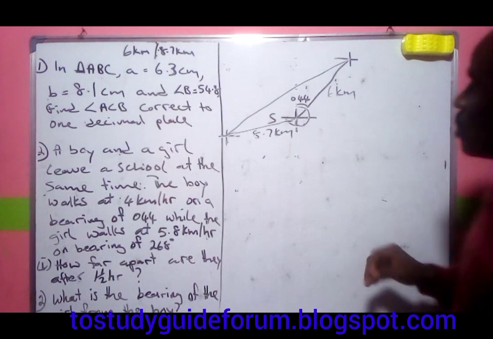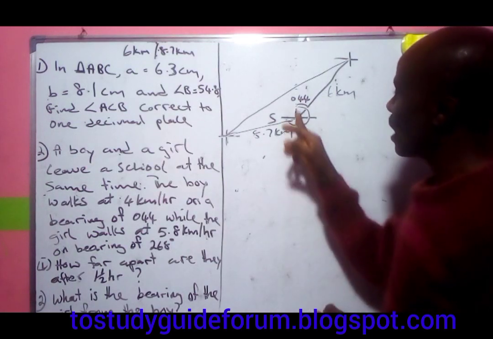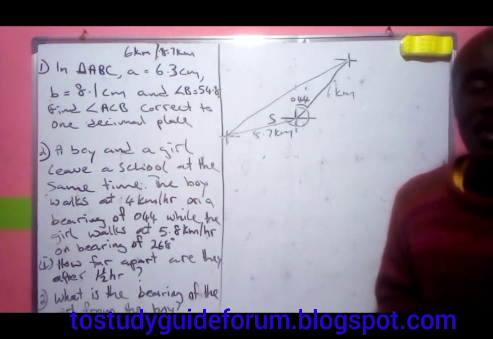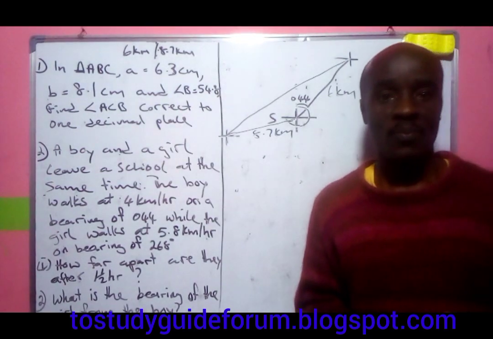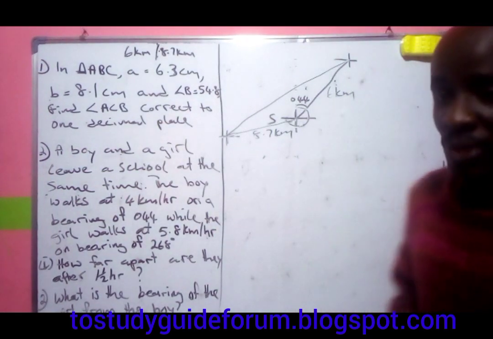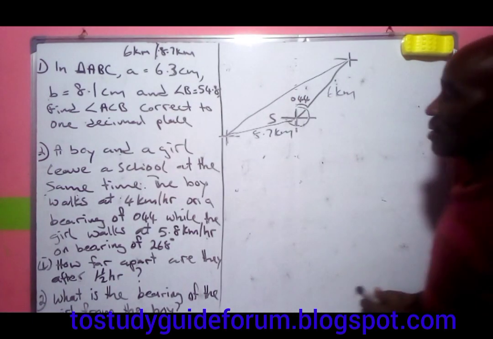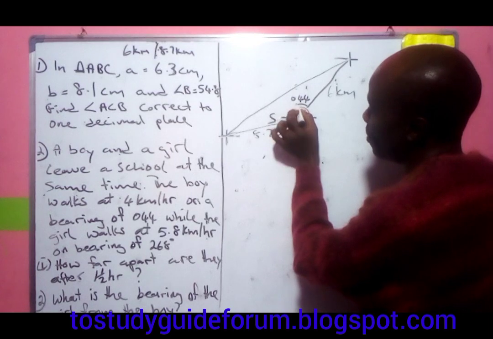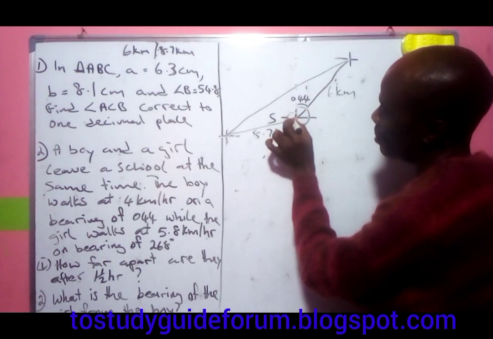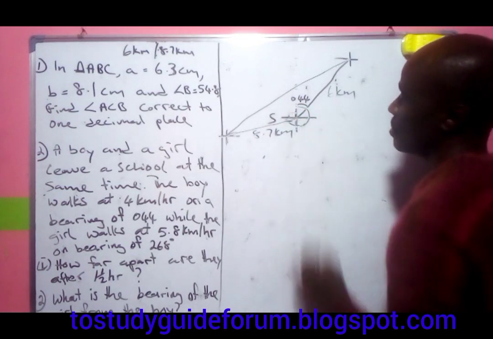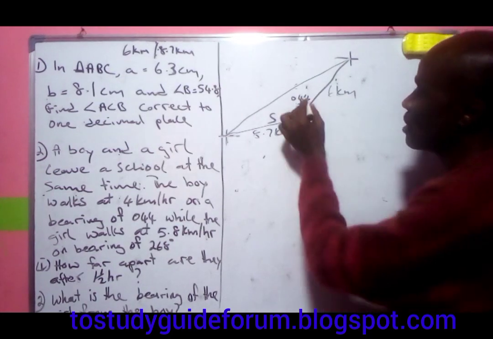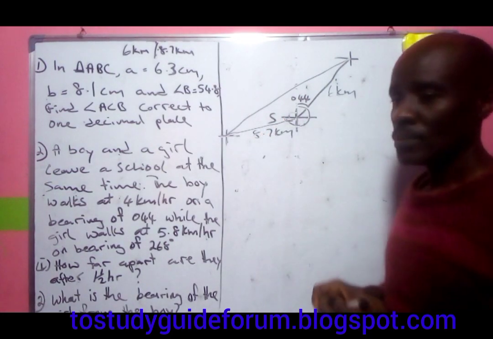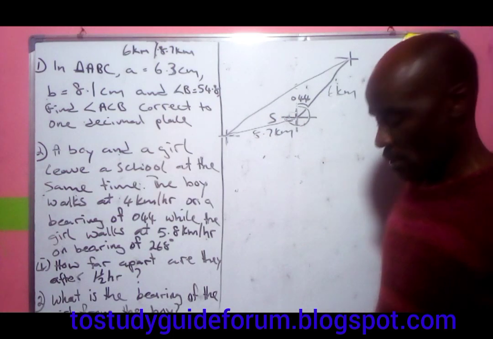Now, looking at this, what we're going to do next is to get the angle that we have here so that we can use the cosine rule. Here, this place is also 90. Here is 44. The small angle that we have here is 2 degrees.